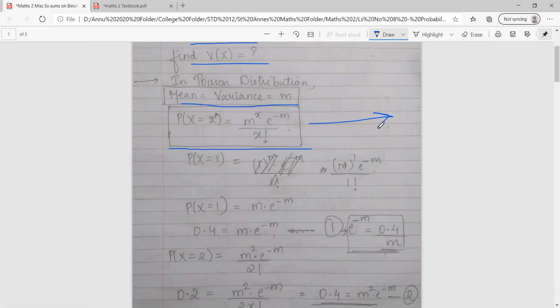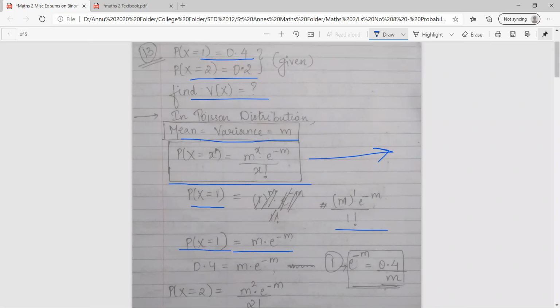So here we don't know what's the parameter m, but definitely we know what's the value of x. So m raised to 1 into e raised to minus m upon 1 factorial. M raised to 1 is nothing but m. 1 factorial is 1 and e raised to minus m will remain as it is. So P of x is equal to 1 is equal to 0.4, which was given in the question.